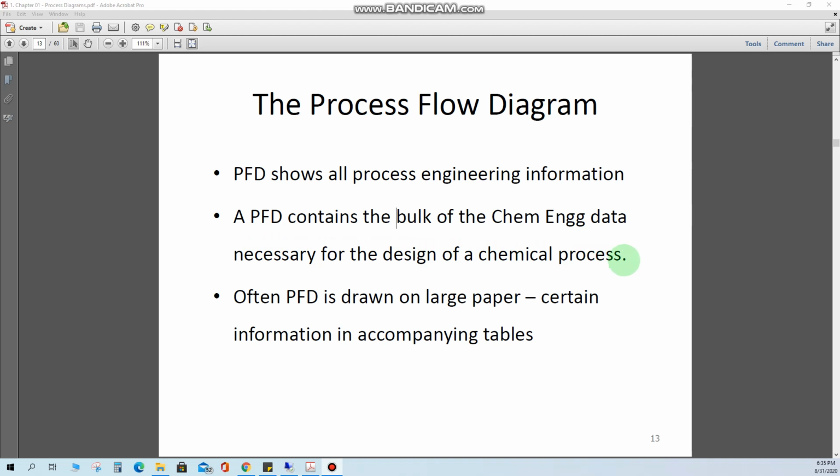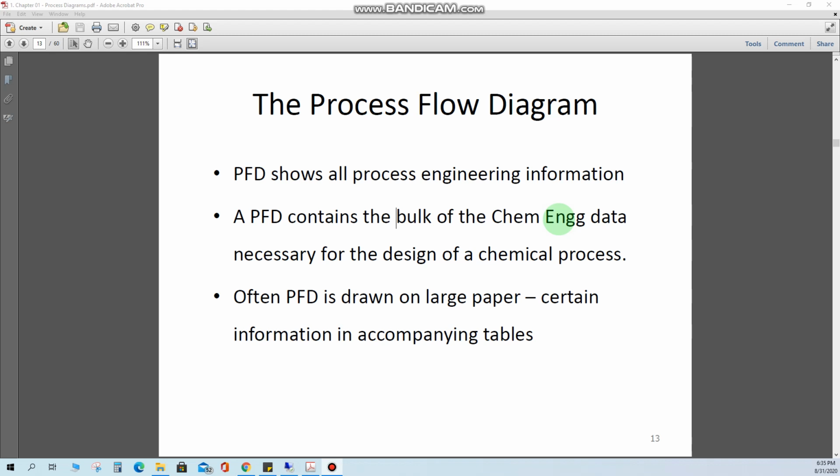Now the process flow diagram, as mentioned, should contain the chemical engineering data. So you should be clear about the stream information that should contain the mass flow rate, or it can contain the temperature, pressure.